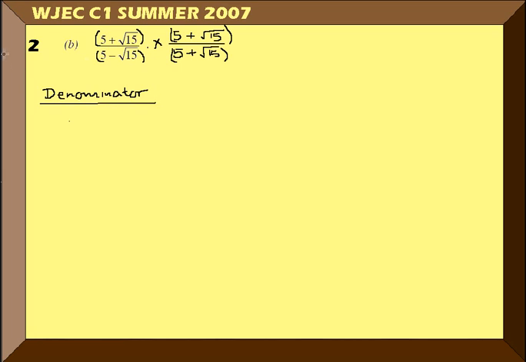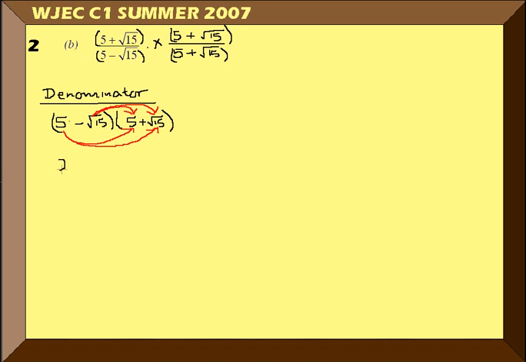If we take it through the expansion, we've got 5 minus root 15 multiplied by 5 plus root 15. Okay, so if we take a look at what we've got, we can have 5 times 5, we can have 5 times root 15, minus root 15 times 5, minus root 15 times root 15.